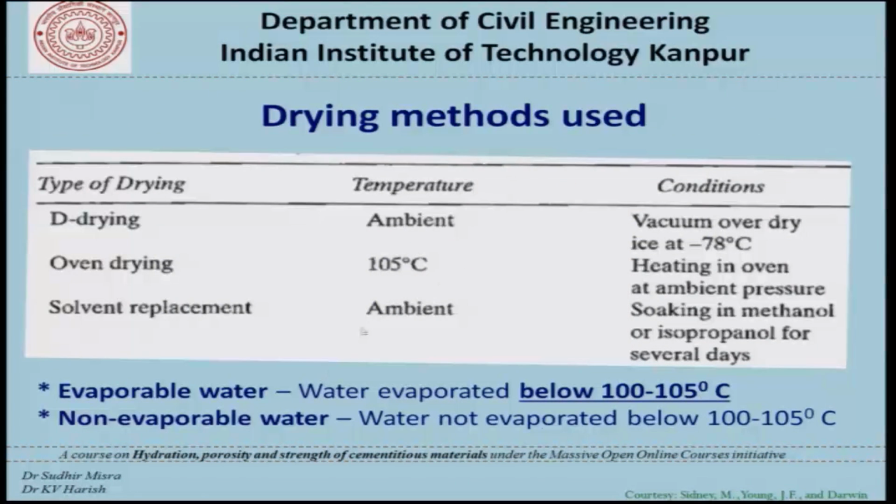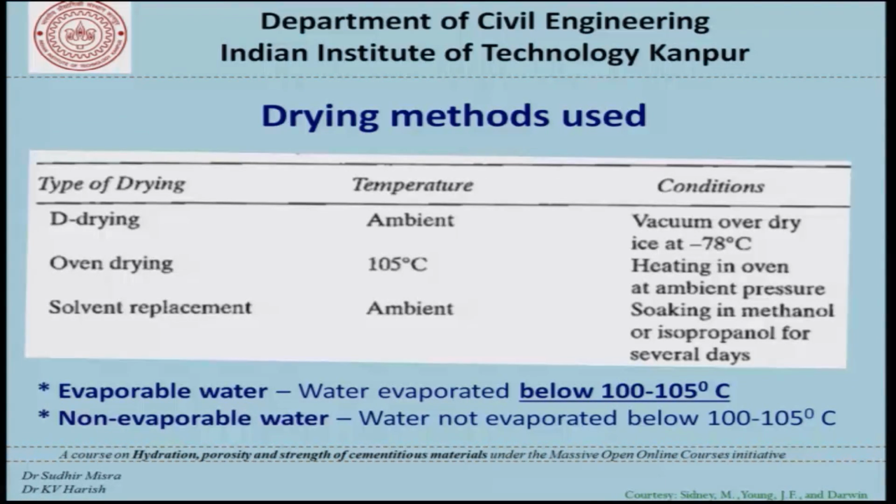If you want to find out the evaporable water, you have to heat the sample up to 100 to 105 degrees Celsius, and whatever weight of water escapes is basically the evaporable water in the system.